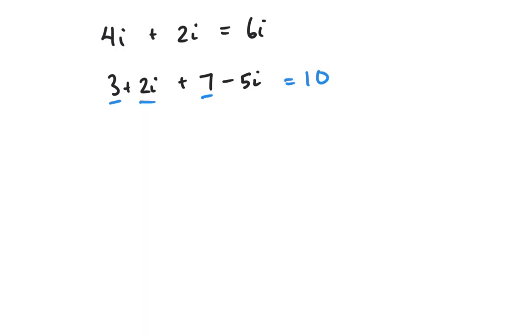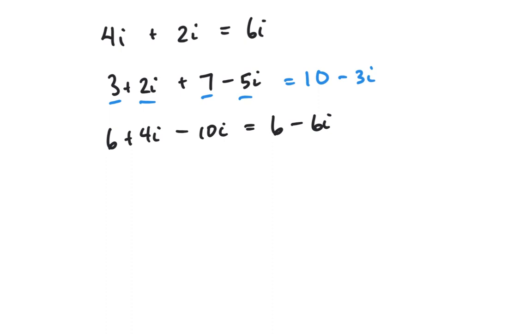And then we combine the 2i and the minus 5i, so minus 3i. So if we had something like 6 plus 4i minus 10i, well, there is no other non-imaginary other than 6, and then 4i minus 10i is -6i. So that's pretty easy to do, to combine. You just got to keep the things that are imaginary together, the things that aren't imaginary together.